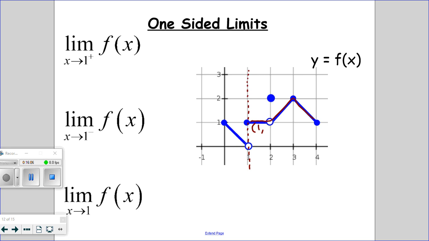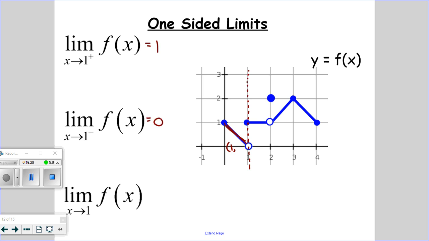This point would be 1 comma 1, so my answer would be 1. The second one says start left of that, anywhere. It doesn't matter where. Start tracing, and as we get close, we slow down and answer the question 1 comma, and this point would be 1 comma 0. So our answer would be 0.